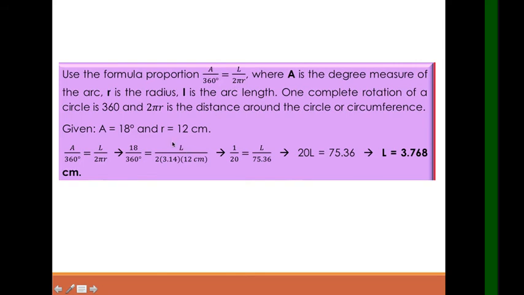So, we have 12 centimeter yung given for the radius. So, we have 18 over 360 equals L over 2 quantity 3.14 times 12 for the radius. So, we have 75.36. Cross multiply. So, we have 20L equals 75.36. Divide both sides by 20.